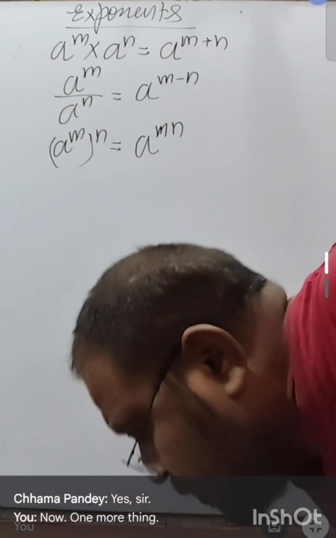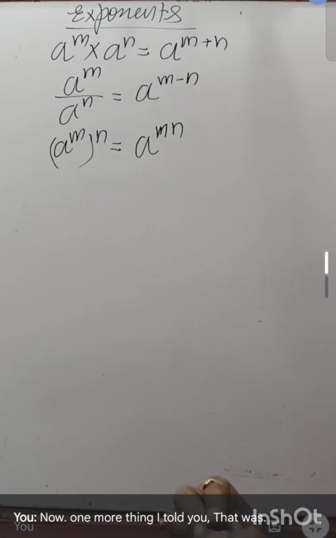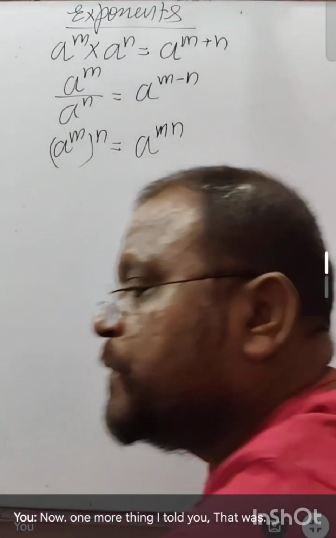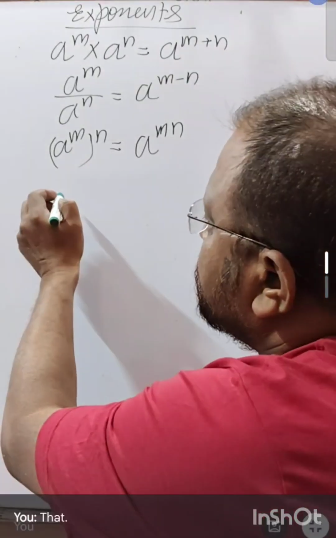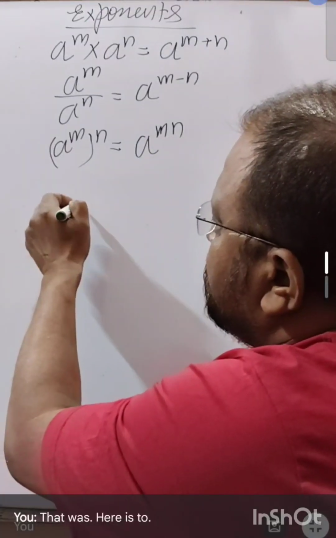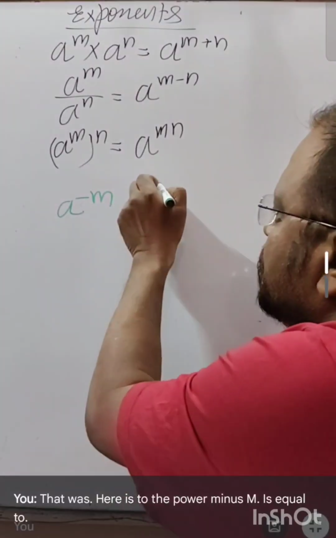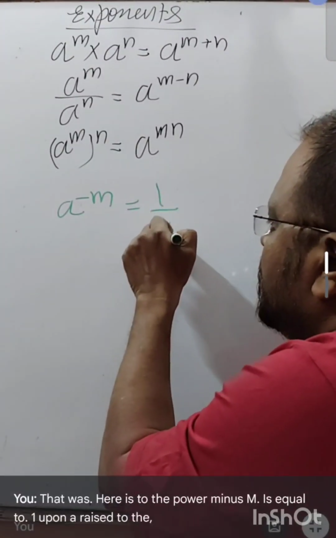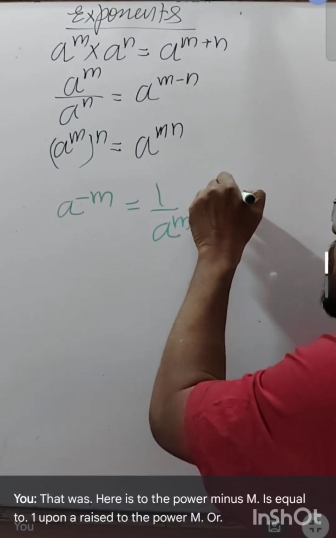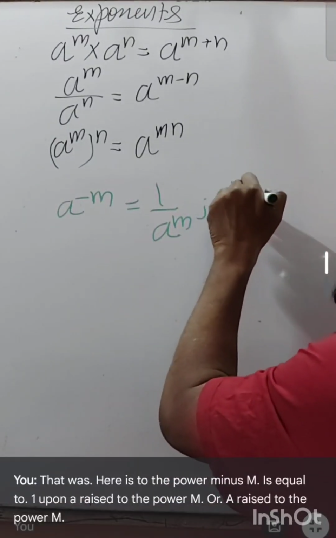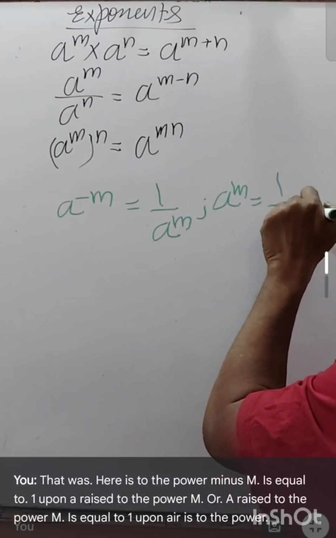Now, one more thing I told you: a raised to the power minus m is equal to 1 upon a raised to the power m, or a raised to the power m is equal to 1 upon a raised to the power minus m.